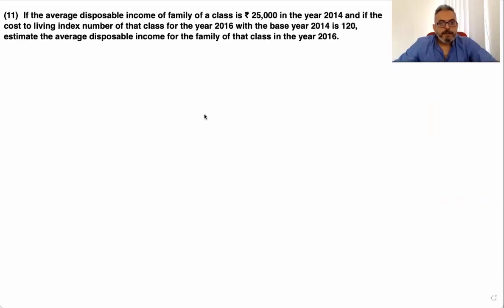If the average disposable income of a family of a class is rupees 25,000 in the year 2014, and if the cost of living index number of that class for the year 2016 with the base year 2014 is 120, so 120 is index for the year 2016.